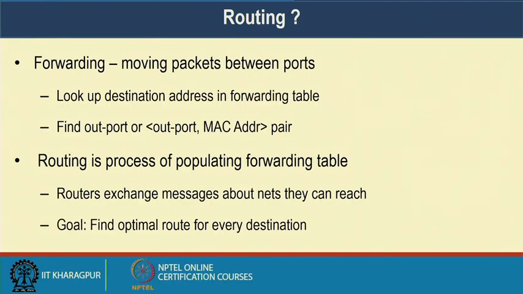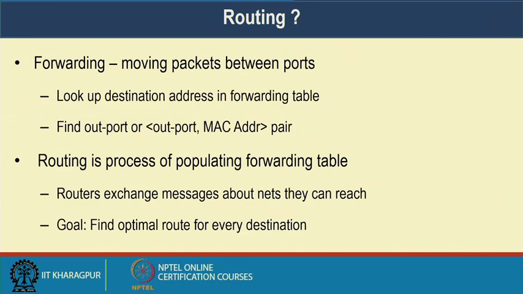How will the routing table be updated, so that any packet that comes gets the correct path? In order to update the routing table, the routers exchange messages about the networks they can reach.